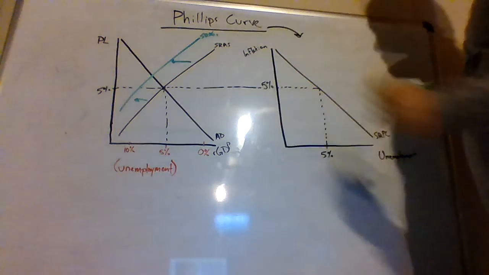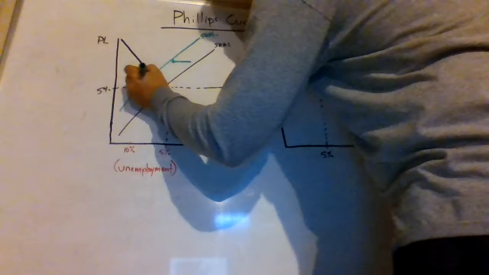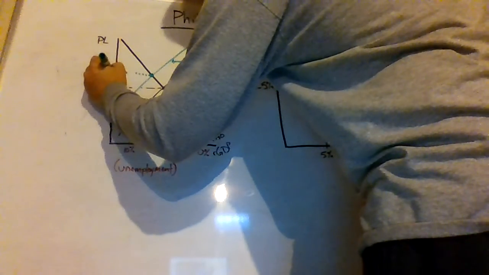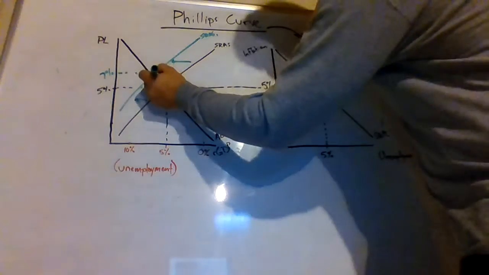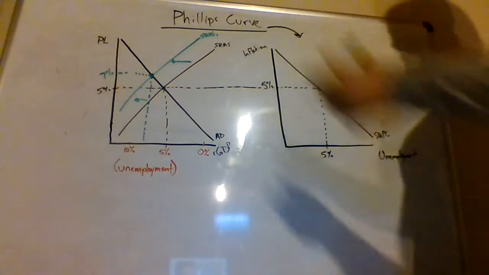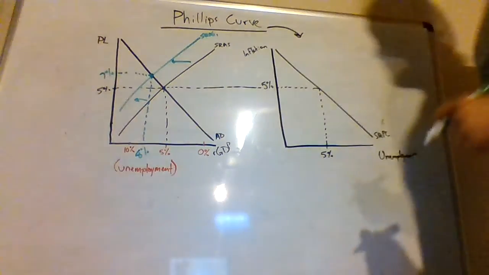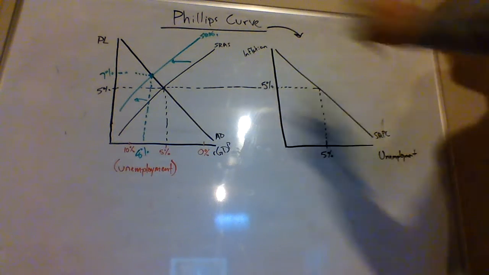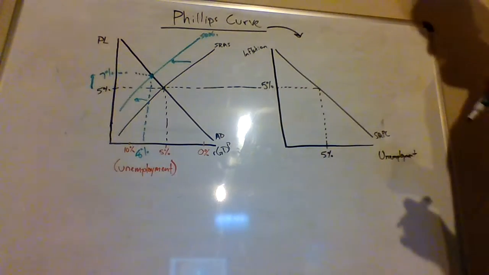So we have a new short run equilibrium over here. So our short run equilibrium now, let's call this price level 7%. Okay, so our price level has gone up. Well, the challenge is our output's also gone down. So our output has also created, let's just call this an 8% unemployment down here. Well, the problem is now our price level's gone up and our unemployment has also increased.